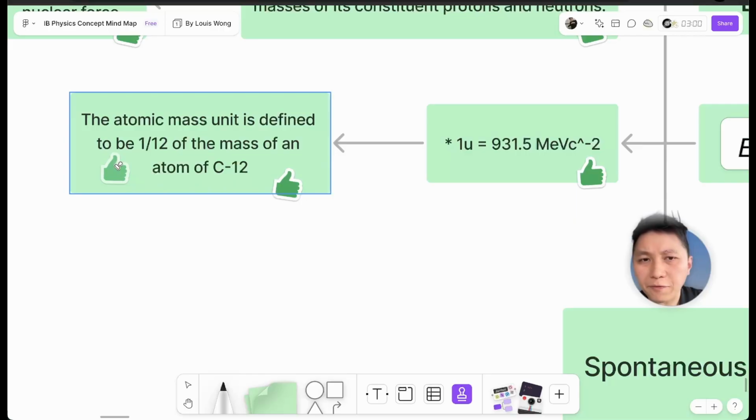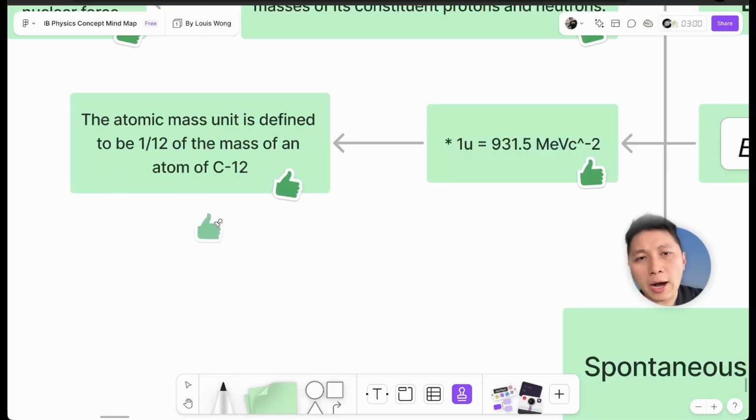In terms of what U exactly is, again, it is a unit that scientists made up for convenience and easier representation. We take U as almost around one proton and one neutron mass, and we define it by looking at carbon-12, because carbon-12 is very abundant in the world and it has 6 protons and 6 neutrons.